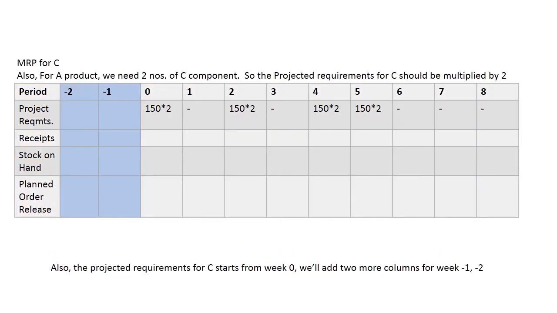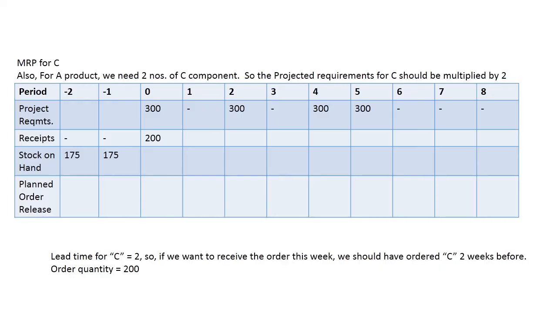And similarly for C, we'll use the planned order release of A. But again, there is one more piece of information here, that we require 2 C to make 1 A. So the planned order release of A is multiplied by 2, and that is taken as the projected requirements of C. So now projected requirements of C is given as in this table.